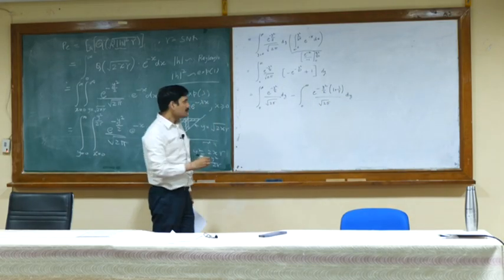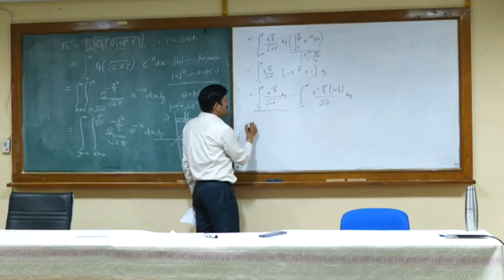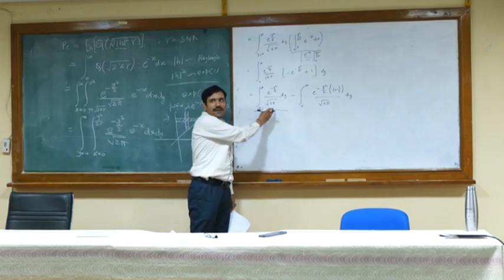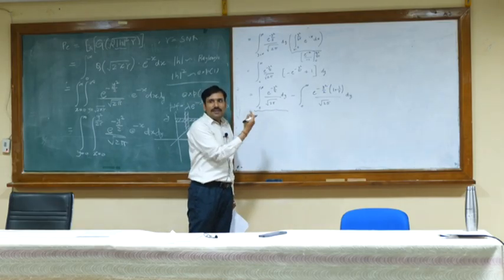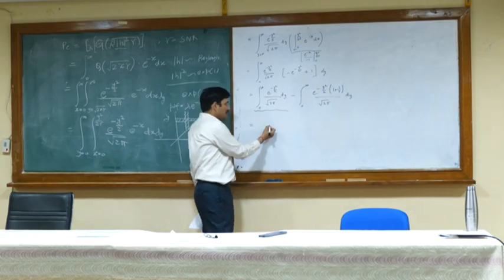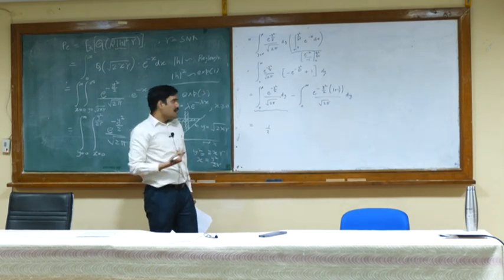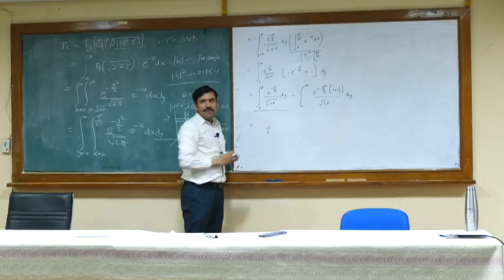Okay. Now if we solve this, this is what? This is just the normal distribution being integrated over half. So we will have this value half. If we integrate from minus infinity to infinity, we will get 1, and if we integrate from 0 to infinity, we will get half. Okay.